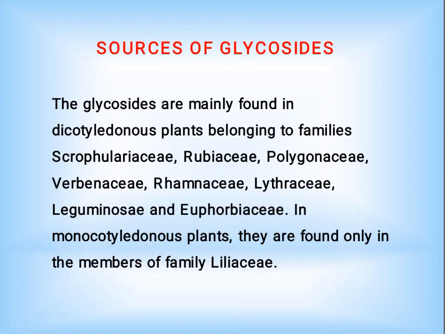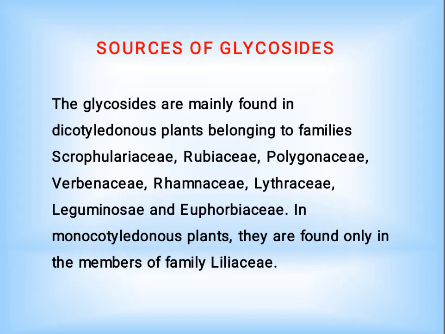The glycosides are mainly found in dicotyledonous plants belonging to families Scrofulariaceae, Rubiaceae, Polygonaceae, Verbenaceae, Rhamnaceae, Lythraceae, Leguminosae and Euphorbiaceae. So these families of dicotyledons are called the major glycoside containing families.